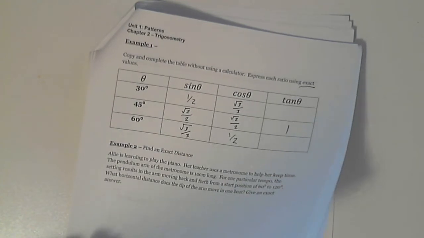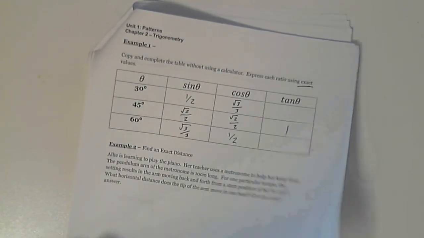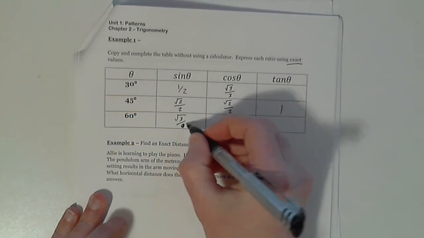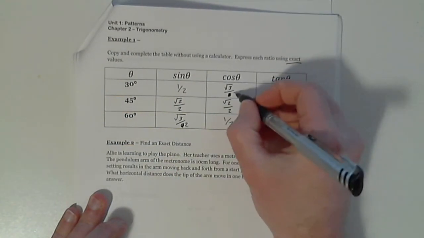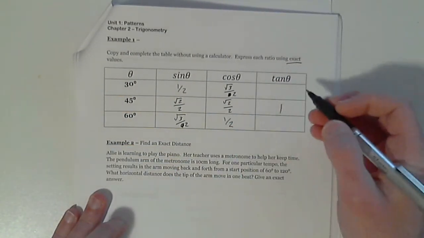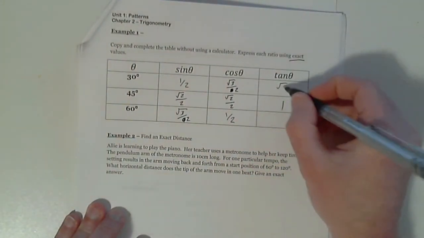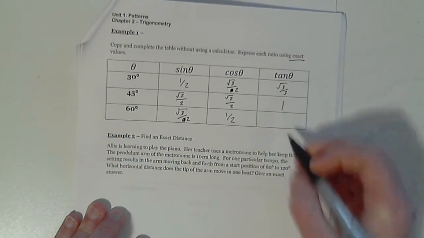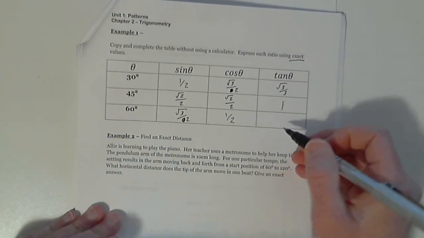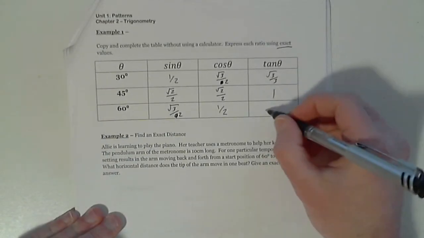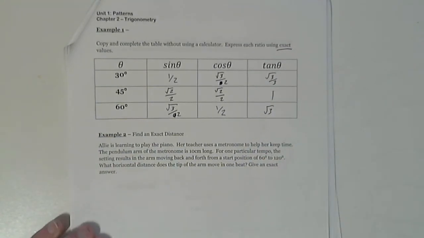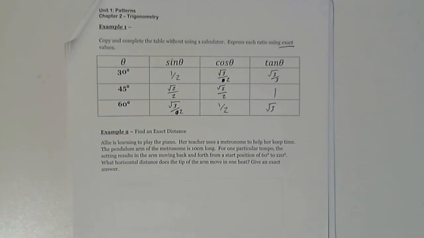Oh, root 3 over 2, sorry. Root 3 over 2. Tan of 30 is root 3 over 3. Yeah. And tan of 60 was just root 3, or root 3 over 1. Good.